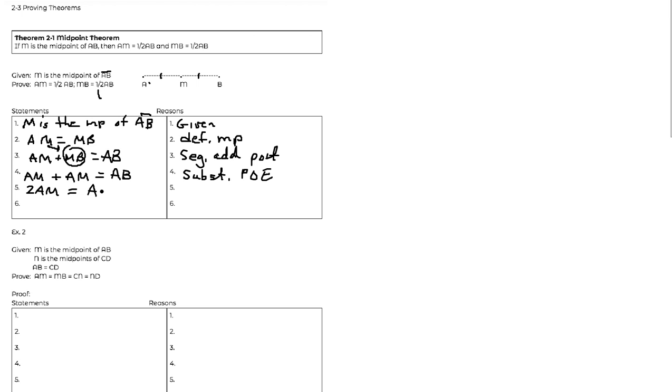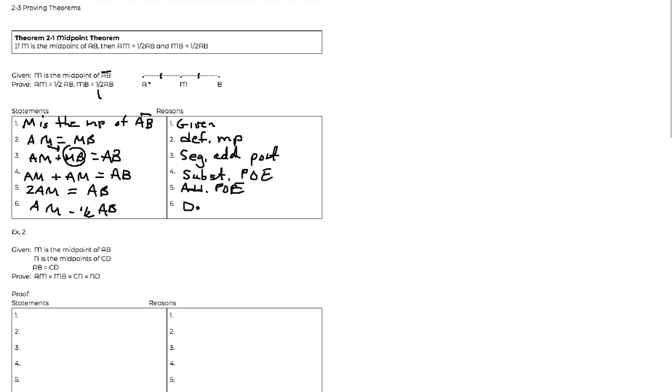See where we're going here? We're going somewhere, yay. And that is just going to be the addition property of equality. Okay, and then we're going to divide both sides by 2. And that's just going to be our division property of equality.